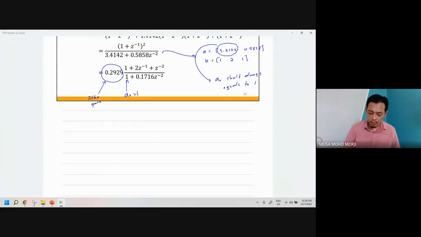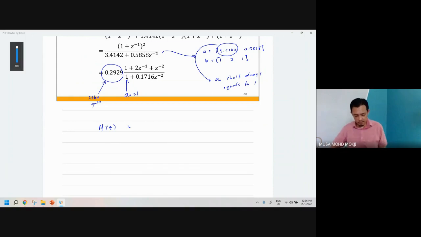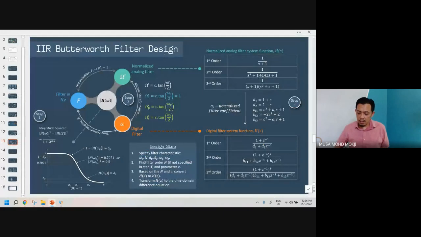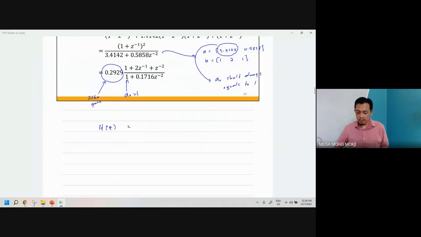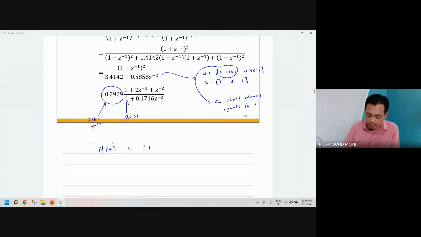From the table, we know that H(z) is equal to 1 plus z to the power of minus 1, squared, over B11 plus B12 z to the power of minus 1 plus B13 z to the power of minus 2.